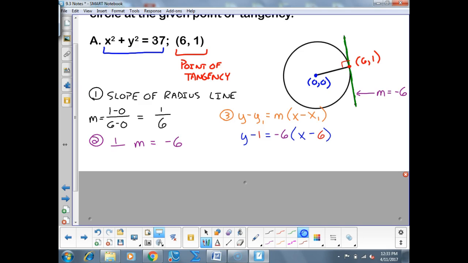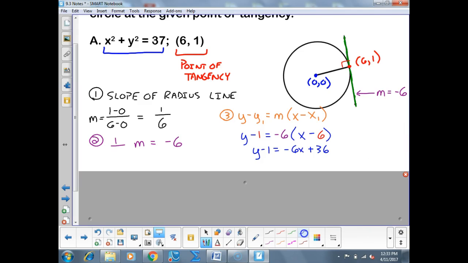So that's y minus 1 equals -6x plus 36. So the equation of my line is y equals -6x plus 37.